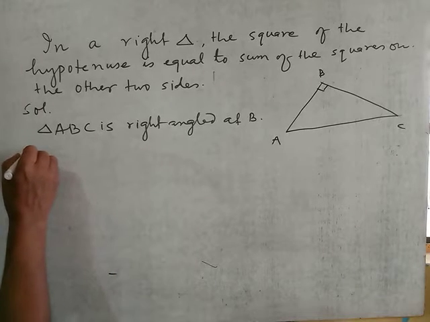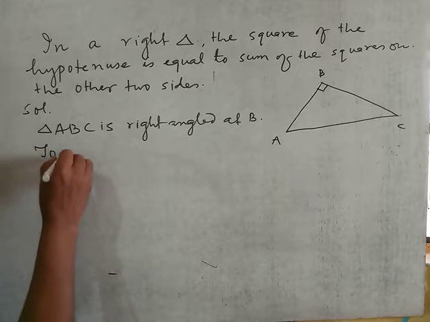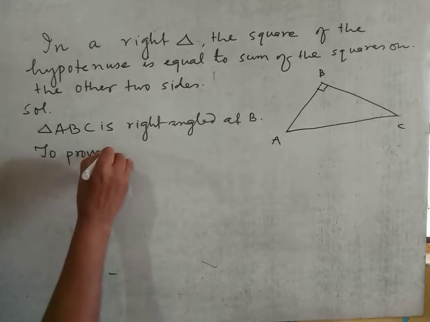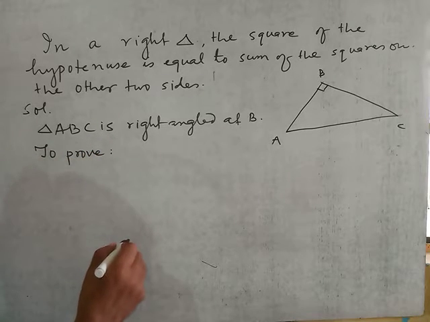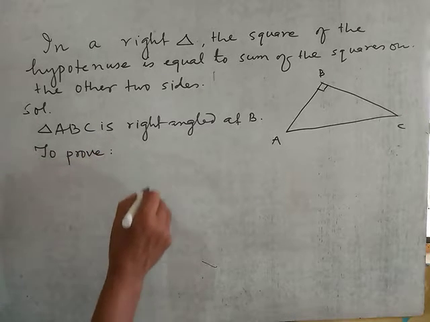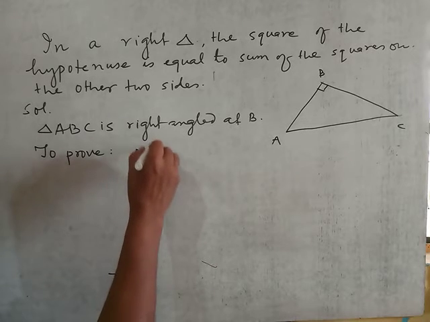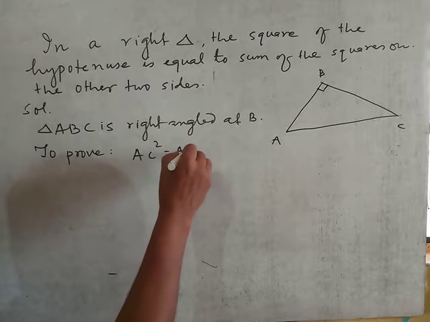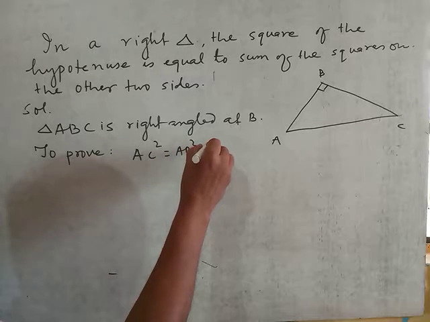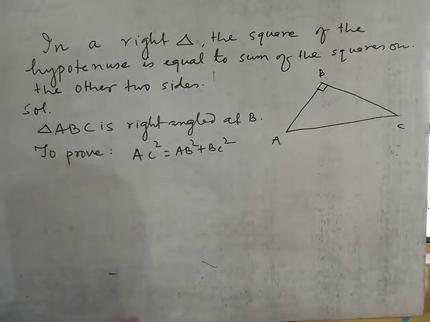Now to prove: AC square is equal to AB square plus BC square. This is what we have to prove.